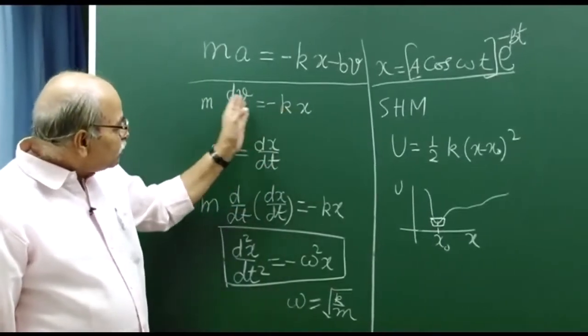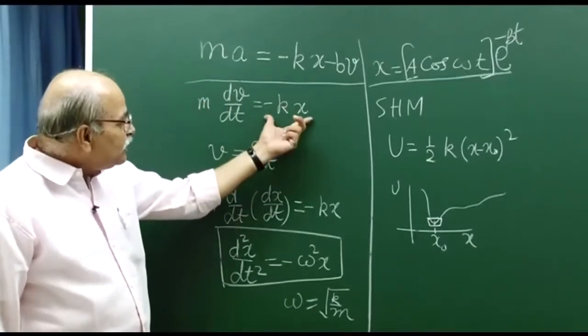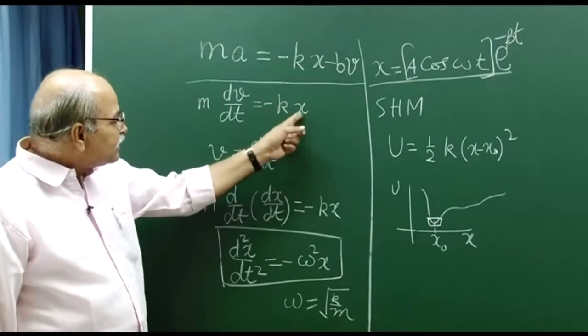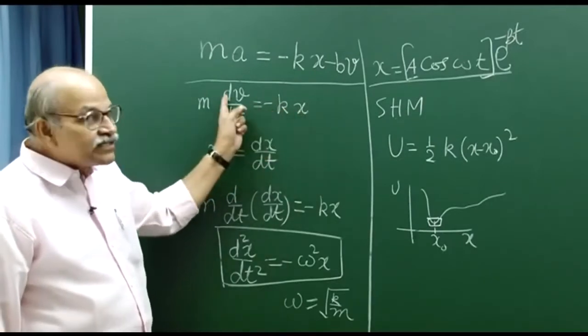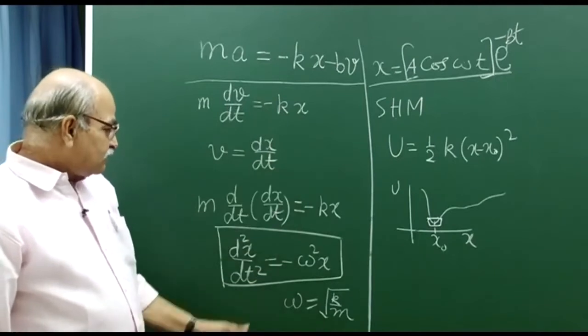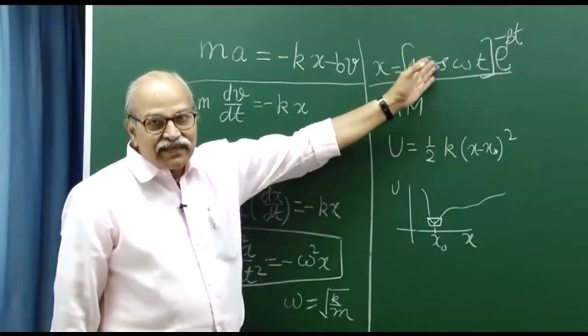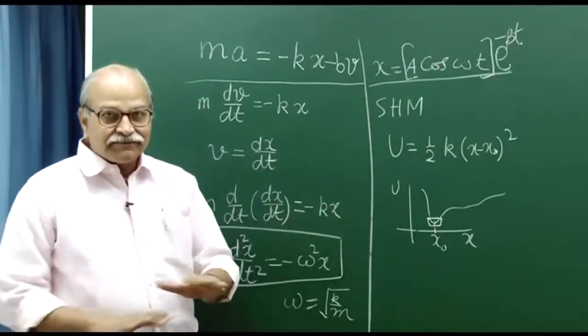If there is no damping or any other force, and only this restoring force is driving the system, then you have something like x equal to a cos omega t, constant magnitude oscillations, right.